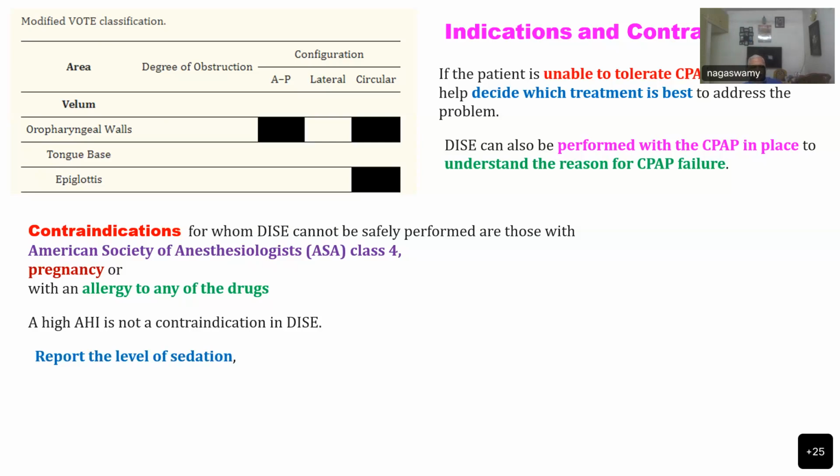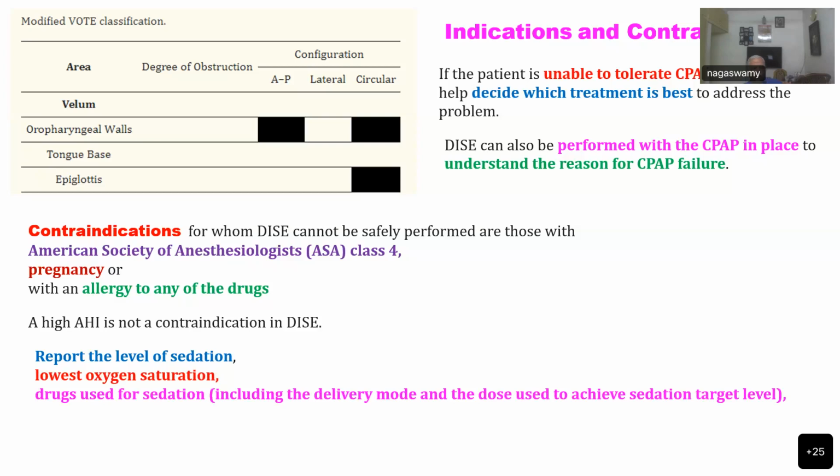And what are the things that will be reported when you give the result of the drug-induced sleep endoscopy? You have to mention the level of sedation that was given, the lowest oxygen saturation recorded during the procedure, and the drugs that were used for sedation, including whether it was a manual bolus and intermittent doses or using a TCI pump.